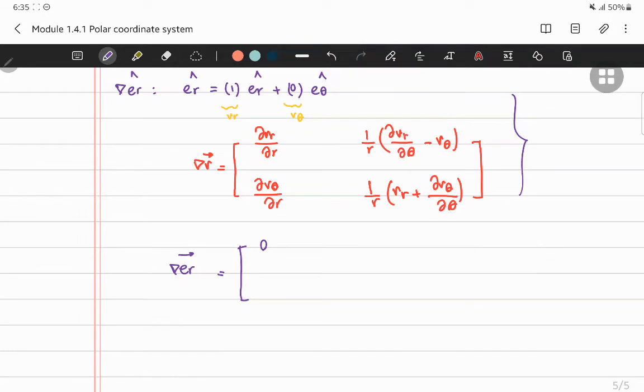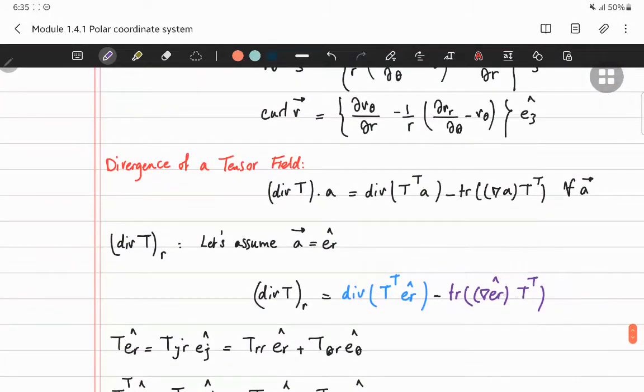So we have V_r with θ, because these are constant, so this is 0. This is 0. V_θ is basically 0, so this is also 0. We only have 1 here divided by r, V_r, which is 1. So that's it. And then next, we need to multiply this by T transpose.